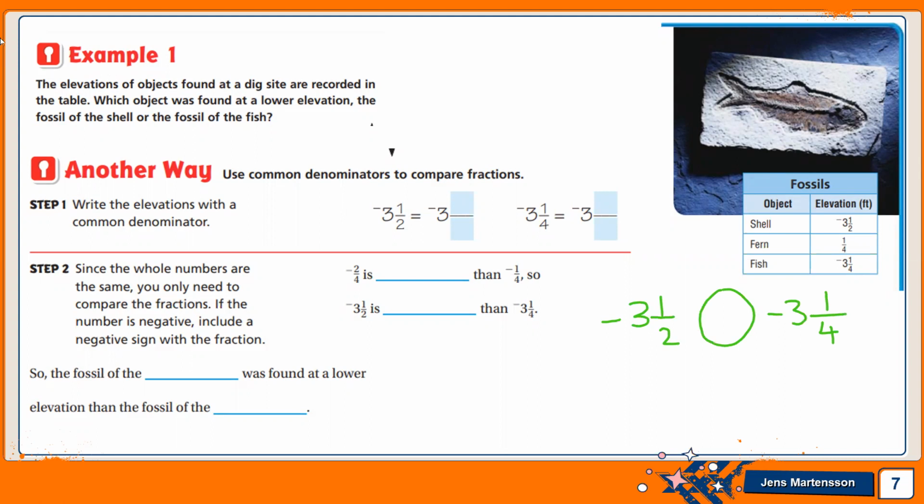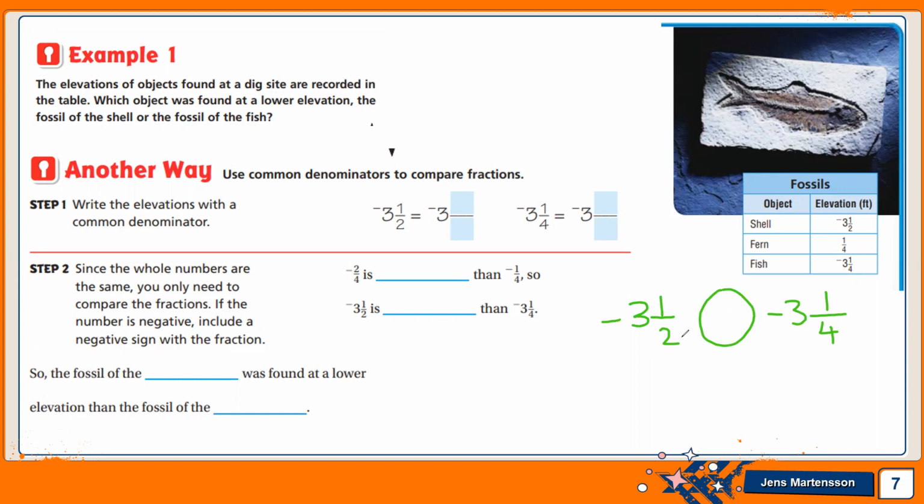I told you that the first step in order to compare between any 2 fractions is to make them have the same denominator. The denominator here is 2 and the denominator here is 4. How will you make them have the same denominator? Can you make 2 to be 4?